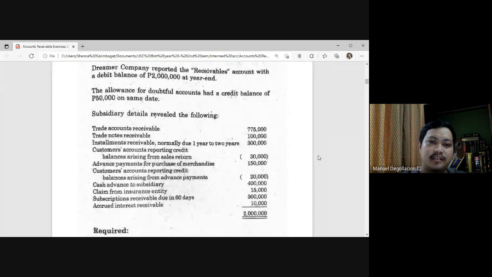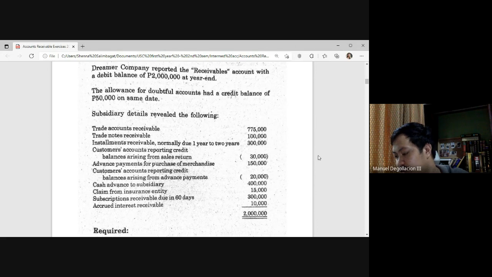Our task here, class, is to identify which of these items will be classified as a trade receivable, which of these receivables would be considered current assets, and which of these would be considered non-current assets.